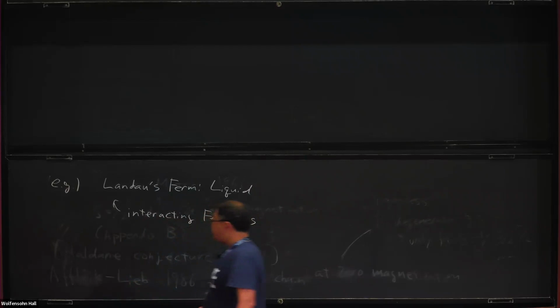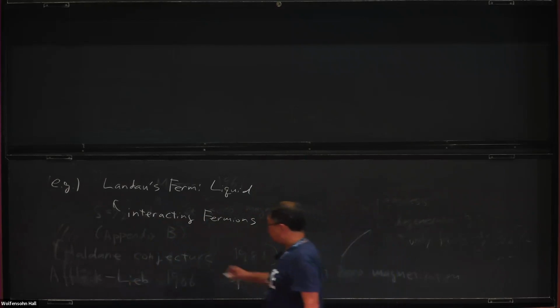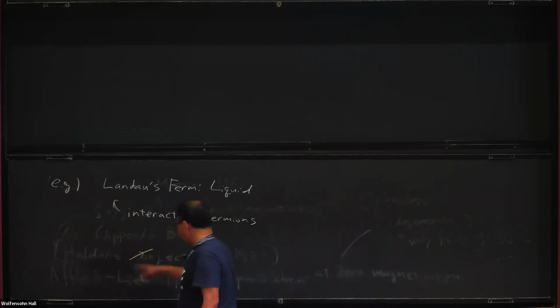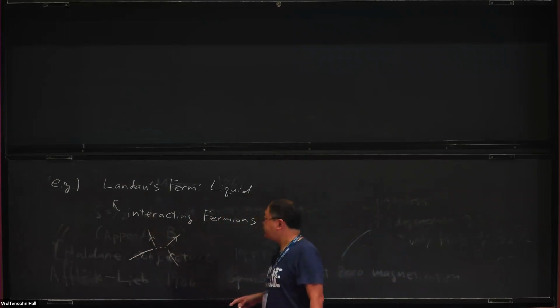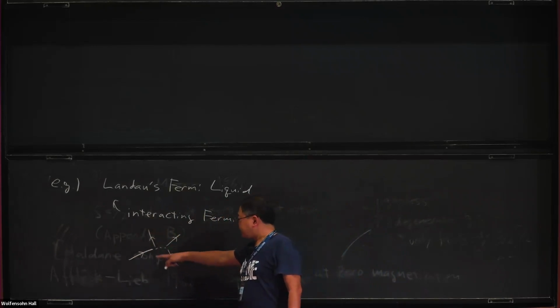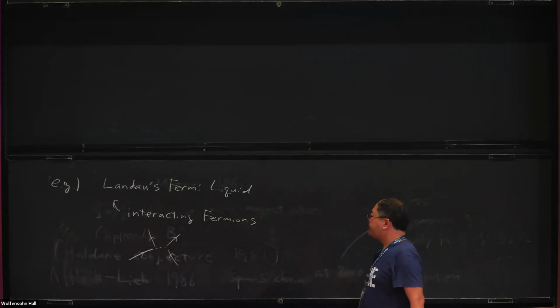So interacting fermions are a very difficult object because you have some fermion, like an electron, but this fermion interacts with some other electron and is scattered off. So you need to take this scattering into account.